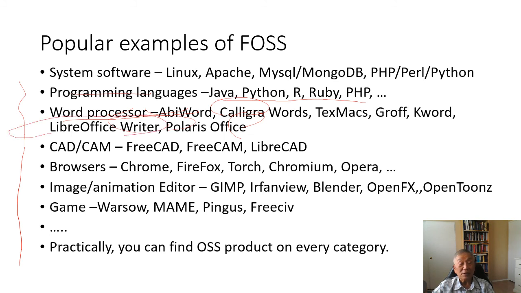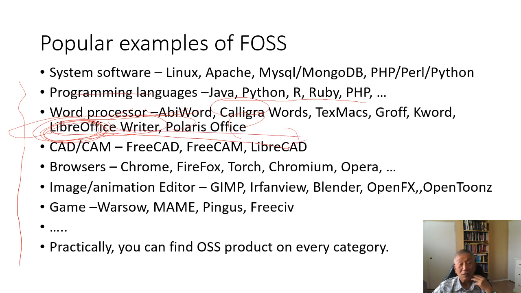Actually, I suggest to you just to look at LibreOffice. This LibreOffice is very compatible with Microsoft Word and very well done. I have been using it a lot under Unix.